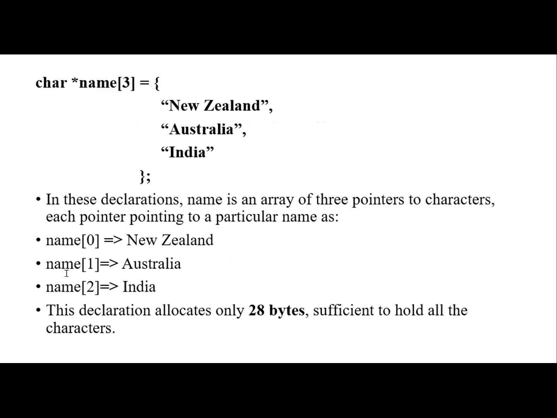If I say name of 1, then it will print the second row, that is Australia. And then name of 2, third row, which is India.